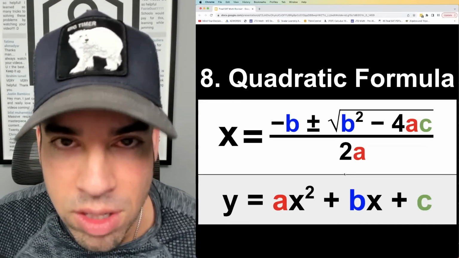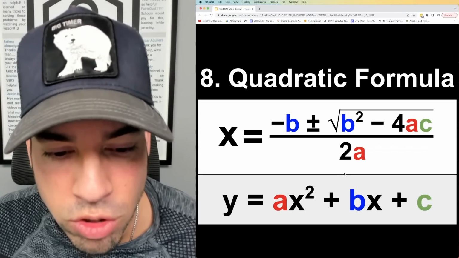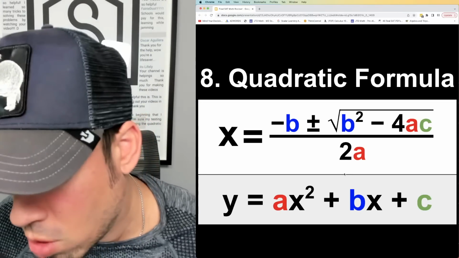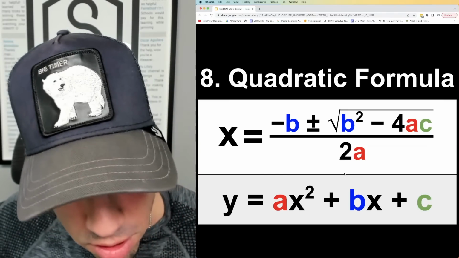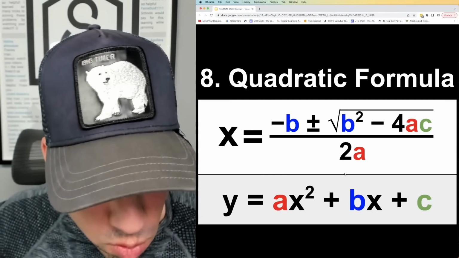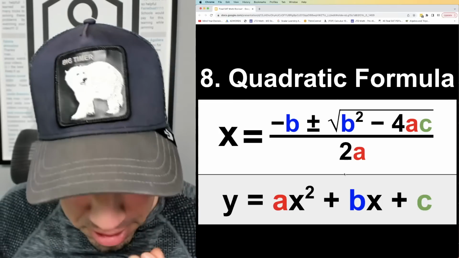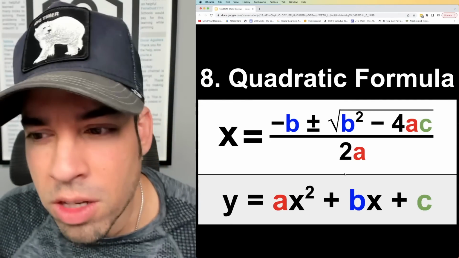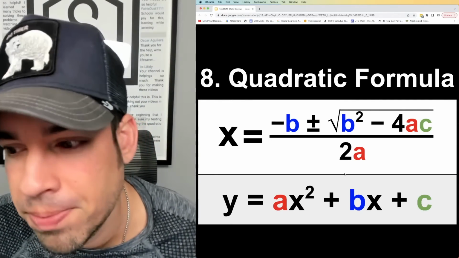It's finding the zeros of a quadratic, meaning the x-intercepts of a quadratic, okay? If the quadratic already equals 0, you're getting the solutions, but when it's in a y equals form, again, you're finding the x-intercepts.